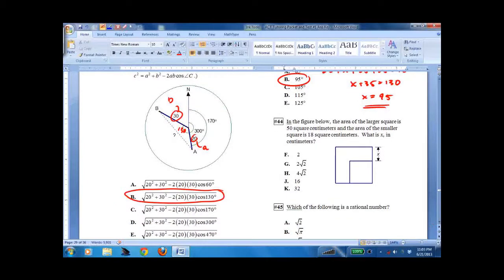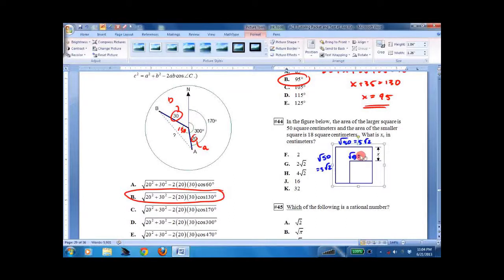In the figure below, the area of the larger square is 50 square centimeters. So that means this side is square root of 50, which is 5 root 2. And this side is square root of 50, which is 5 root 2. The smaller square is 18 square centimeters, so that's the square root of 18 equals 3 root 2, 3 root 2.